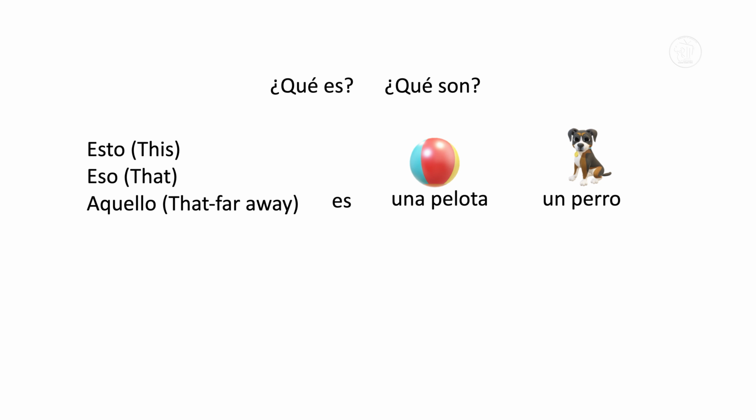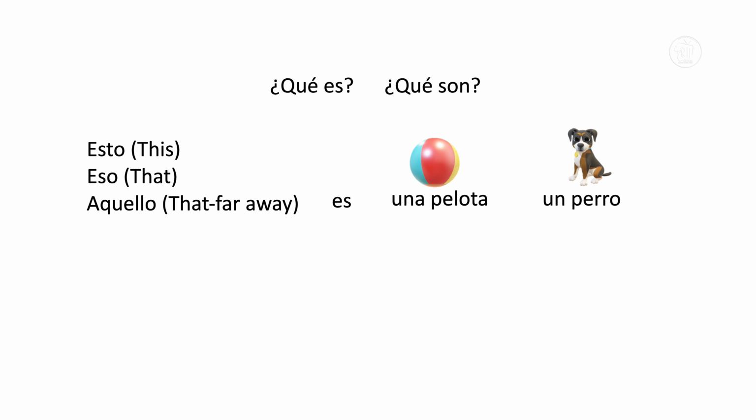Again, neutral gender. And the final example for the singular form is aquello, which we use to represent things that are very far away. Aquello. So the question again, I'm asking, ¿qué es? What is that? Remember, it's far away. ¿Qué es?